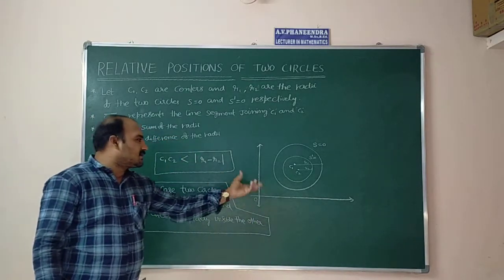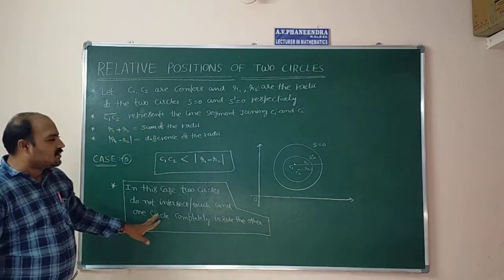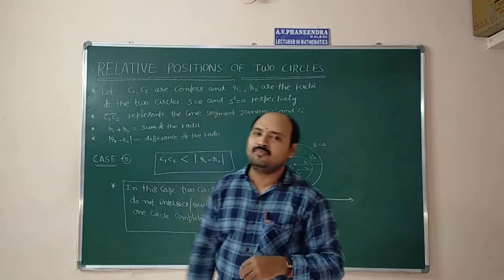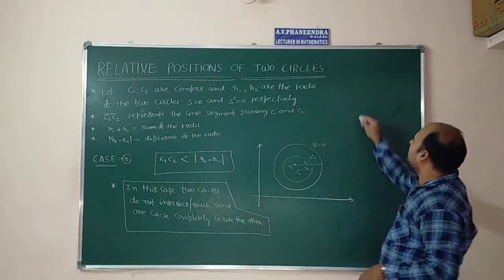One circle is completely inside the other whenever C1 C2 is less than mod R1 minus R2. Here one important note also we have to discuss.